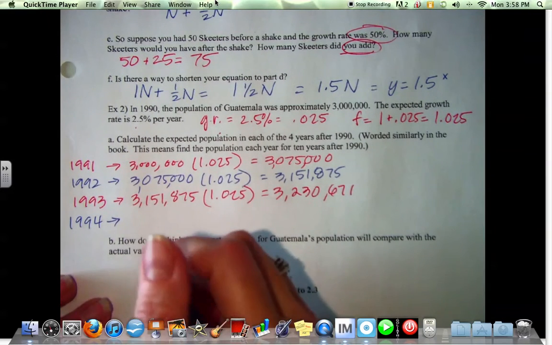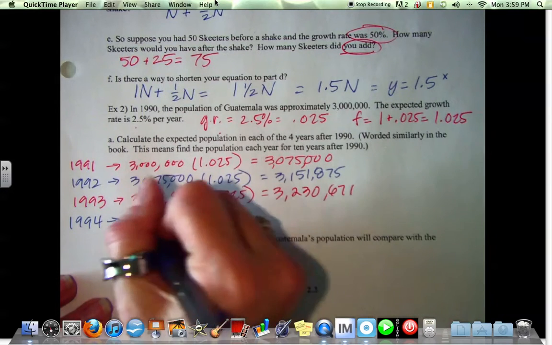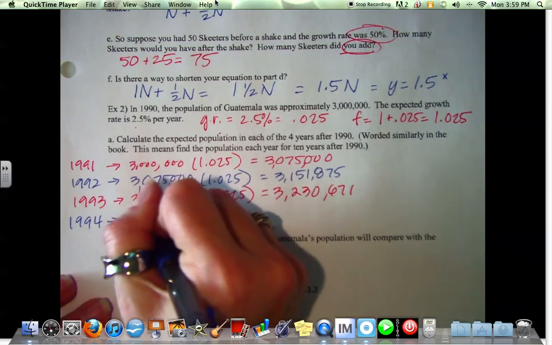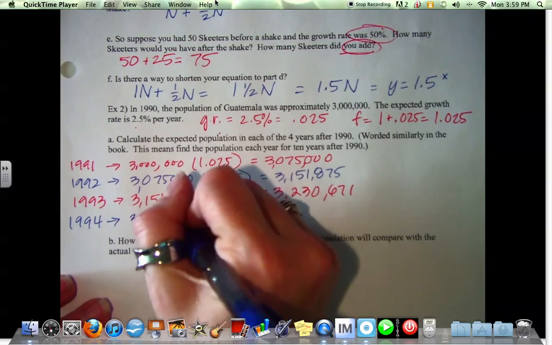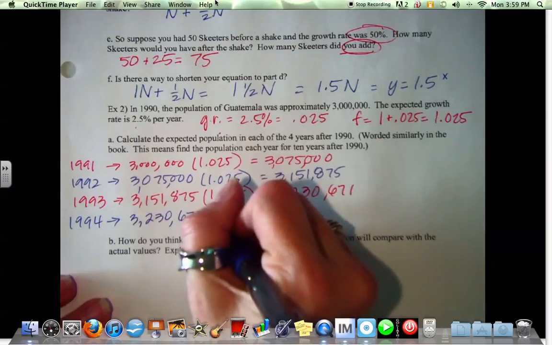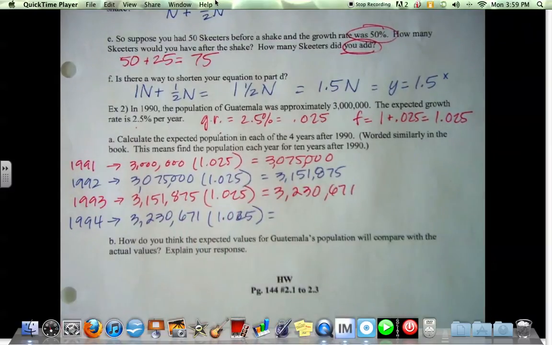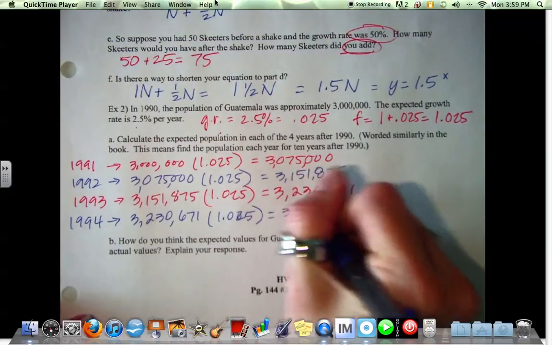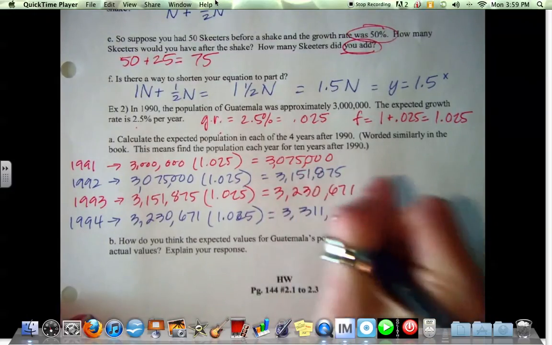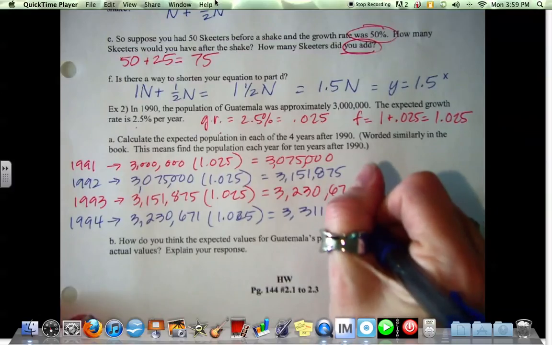We have 3,230,671 times our growth rate, 1.025. Gives us 3,311,438.